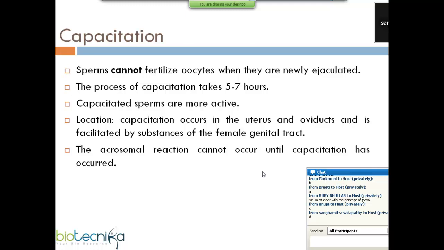It will not, right? It requires a specific environment for the fertilization. So from this we can say that the sperm present in the testis has the capacity only to swim, not to fertilize an ovum. This process takes place in the fallopian tube, which is a part of your oviduct. It takes around 5 to 7 hours, and the acrosomal reaction cannot take place unless capacitation is done to the sperm.